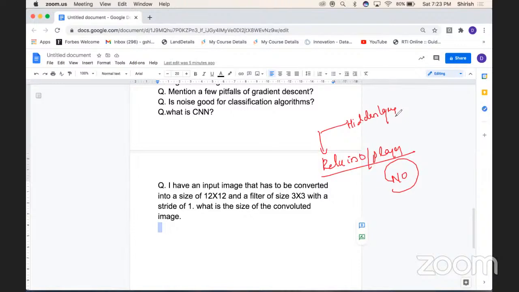So generally, the rectified linear activation function is called a piecewise linear function, right? That will give you the output as the input if it is positive, otherwise it would give you 0. We know that.